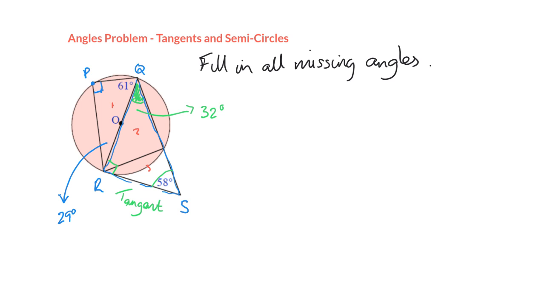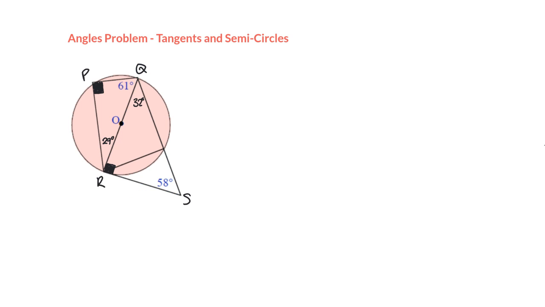Now the next part, how to finish that off, does get a little complex. So what I'll do is I will try and strip away some of the work in there and put in the size of the angles that we've done already. Okay, now that we've stripped back all the doodling over the top of this, we've got our 29 degrees, which we've discovered.